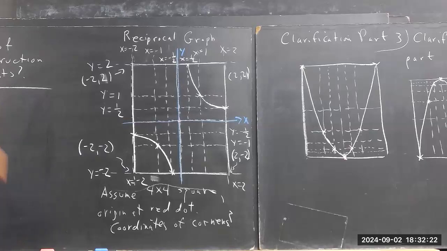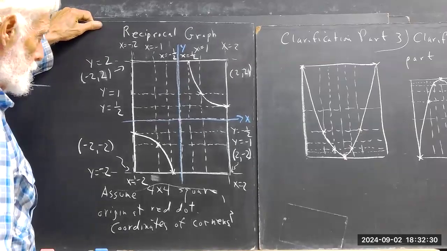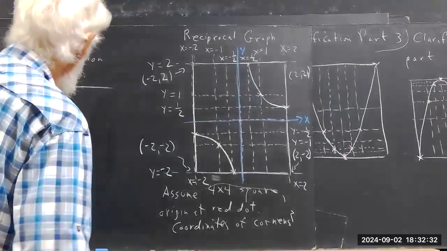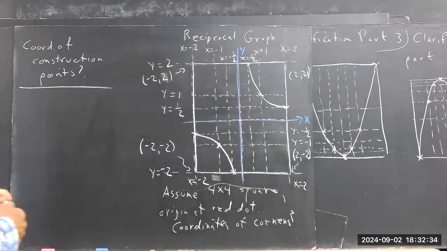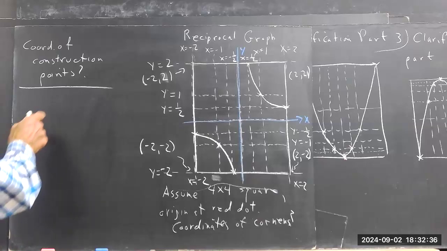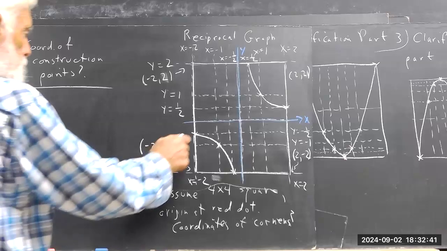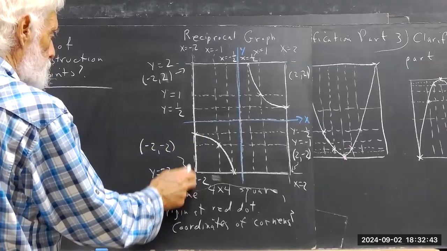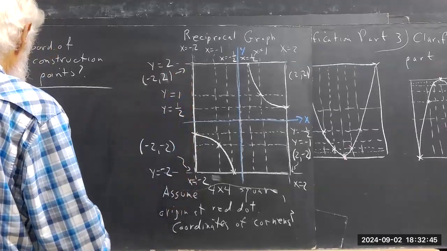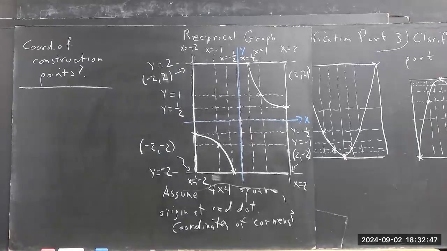Now, what are the coordinates of the construction points? We got the lines. Again, pause and work through it. What are the coordinates of the construction points? This point: x equals -2, y equals -1/2.